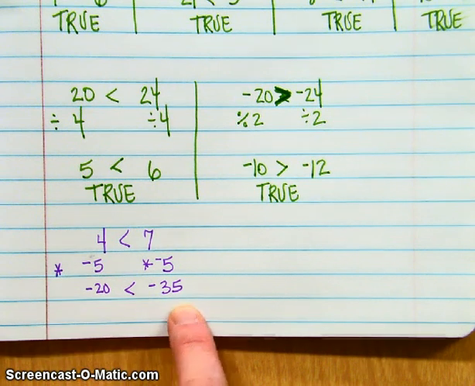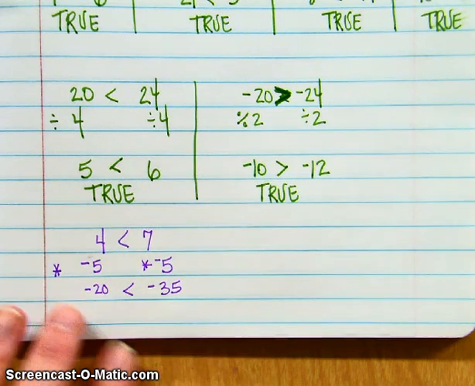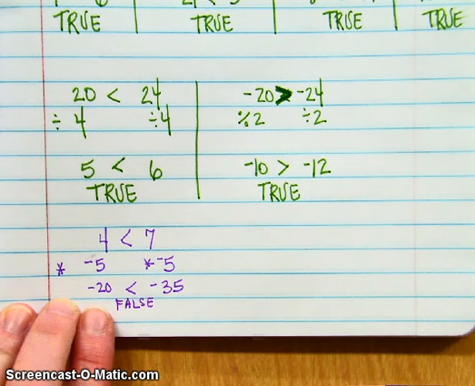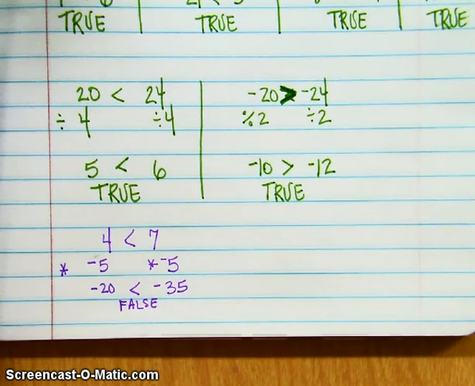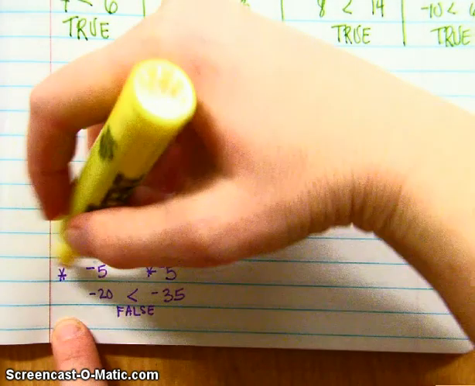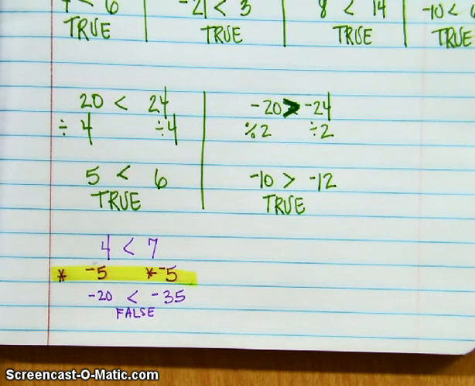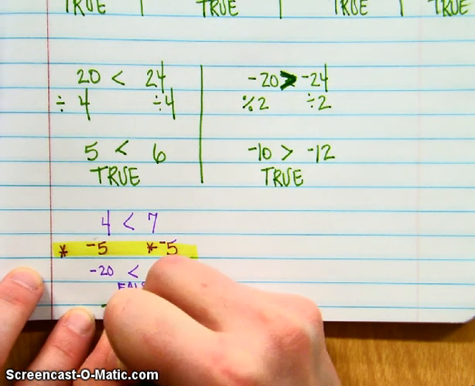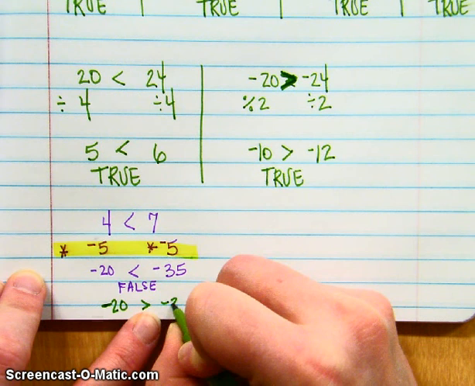Negative 20 and negative 35, this relationship is not right. It's not true. This is false. It is better to owe 20 than it is to owe 35. So here's how you know. I have multiplied by negative 5. So to keep it true, you have to reverse the inequality symbol right there when you multiply by a negative.